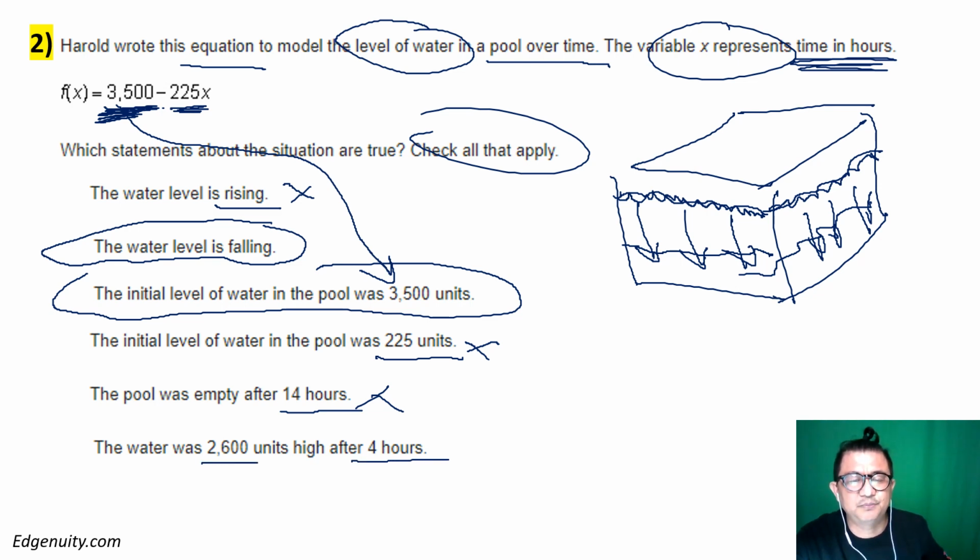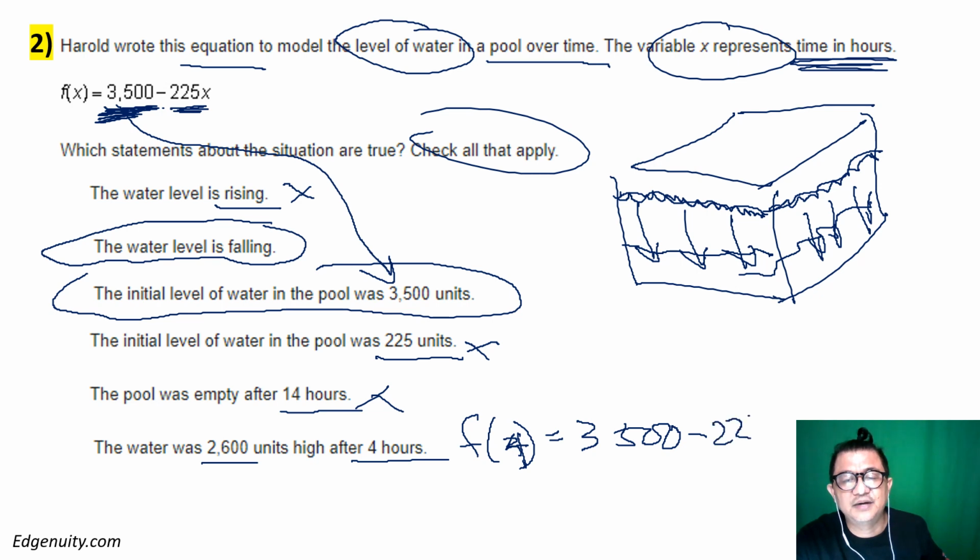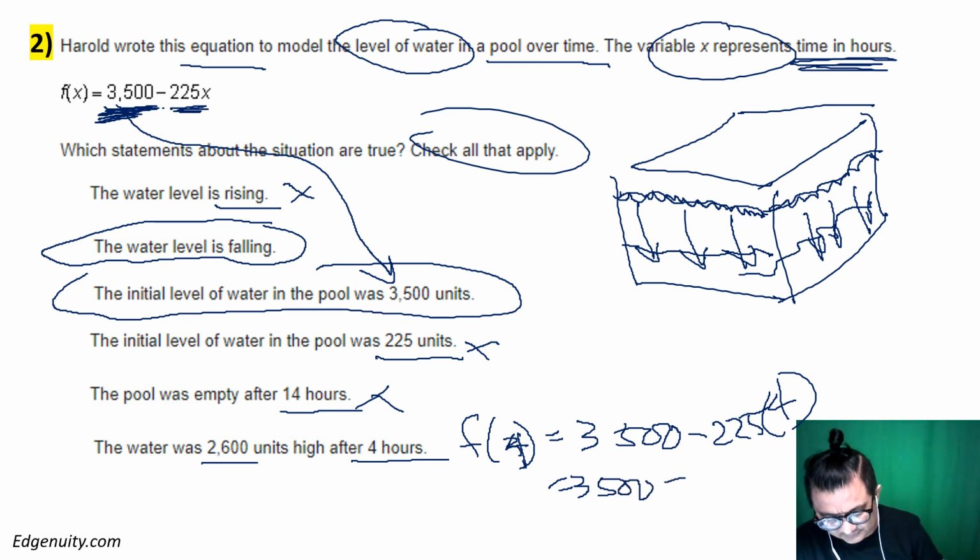Are we sure? Let's plug it in then. So f of x, where my input will now be 4 hours, is equal to 3,500 minus 225 times 4 hours. 225 times 4 is 900.